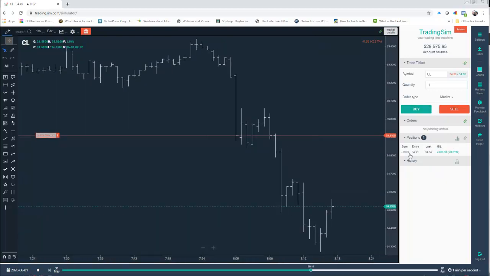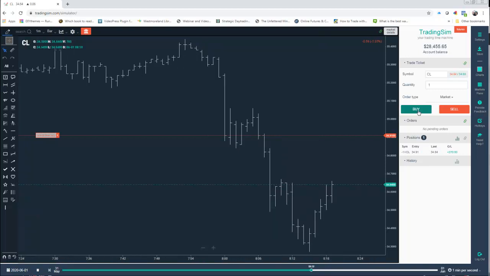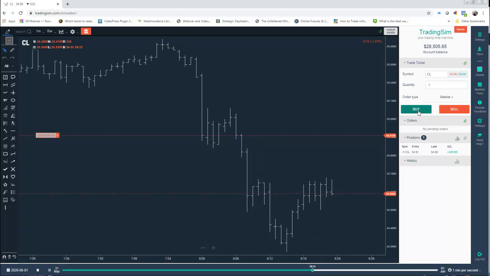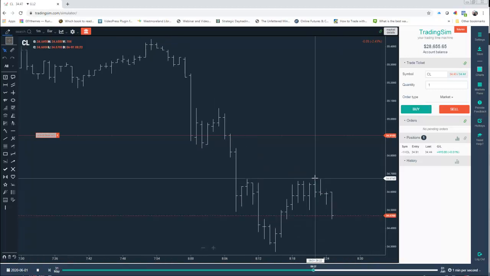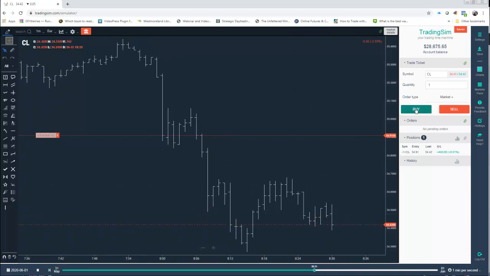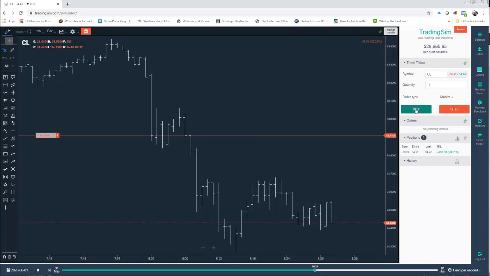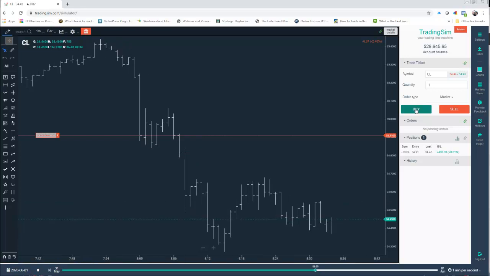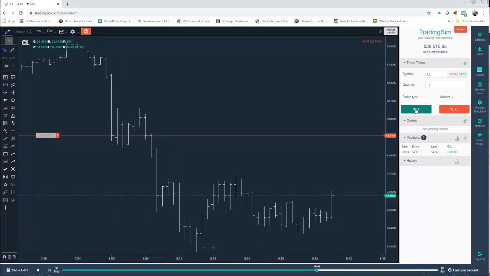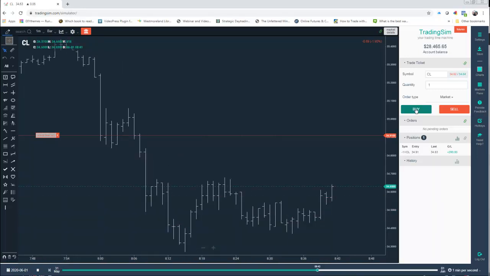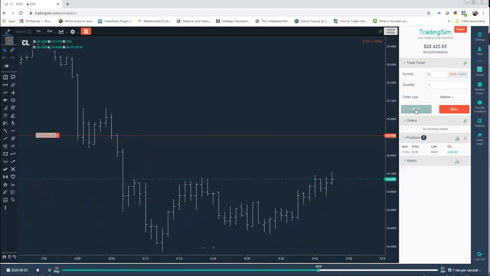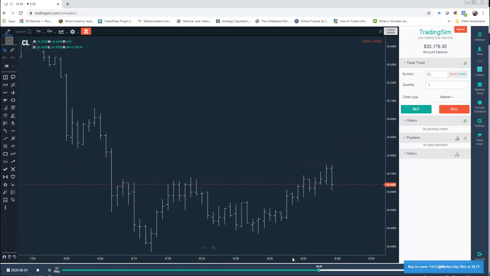If it gets above this, I'm going to cover. I'm looking for a close above this level right there. There we go, we're out.